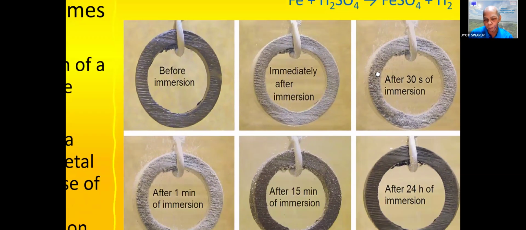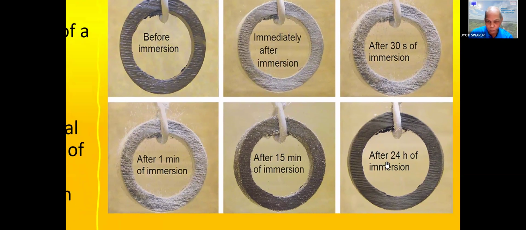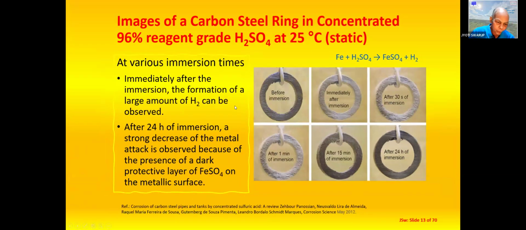After 30 seconds and after 1 minute of immersion, a lot of hydrogen is formed. After 15 minutes, FeSO4 is formed and hydrogen generation is reduced. Finally, after 24 hours, there is no hydrogen generation. This is how this behavior happens in a carbon steel tank.